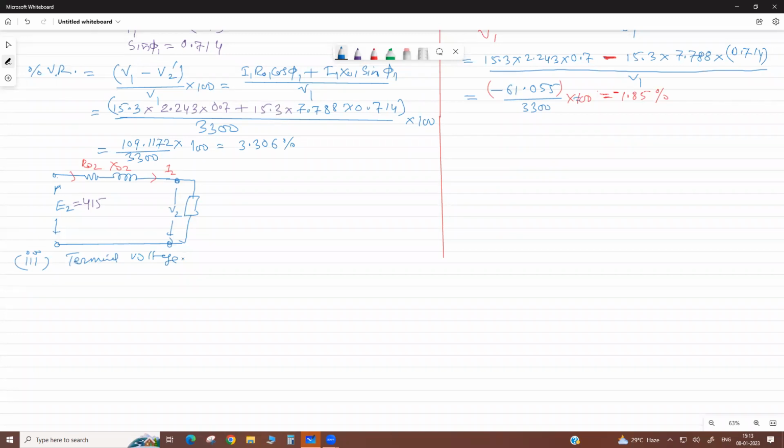Terminal voltage output, secondary voltage. V2 equals... you know, there is a drop here. Now this is given in percentage. If you write the E2 equation, E2 equals V2 plus or minus the percentage drop.